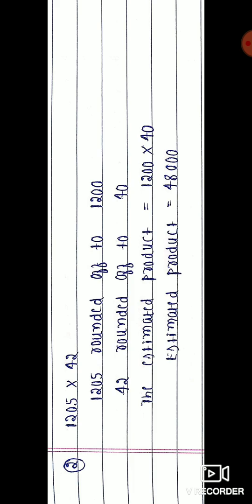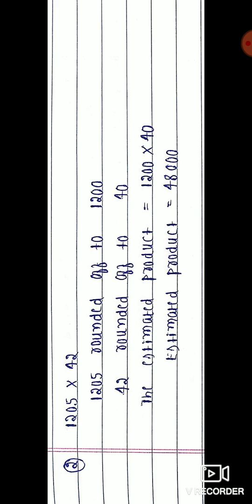1200 into 40. By multiplying these terms we will get the estimated product. Therefore multiply 1200 into 40. In 1200 two zeros are there, in 40 one zero is there.